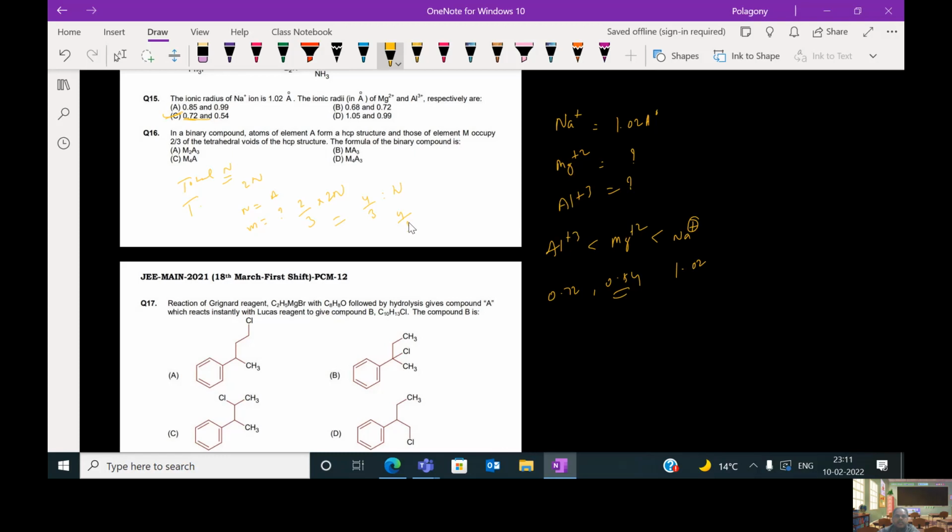So the ratio is 4/3 to 1, so we can get M4A3. Option D is the most appropriate one. The total number of atoms in tetrahedral voids is 2n.